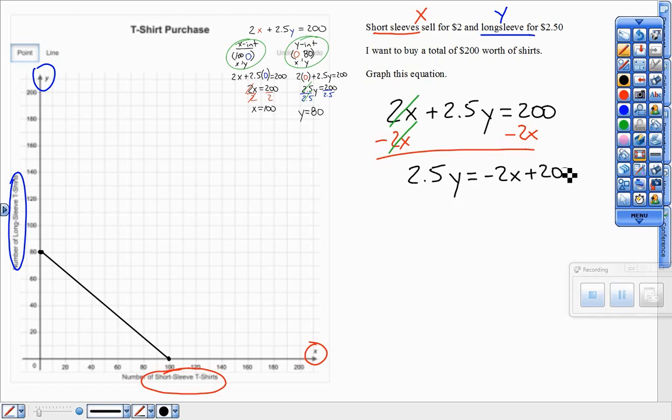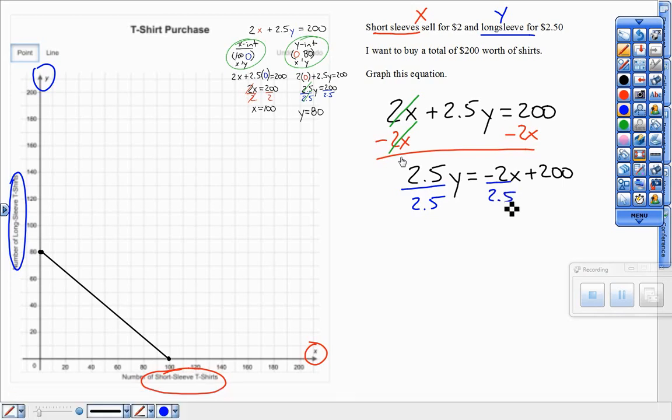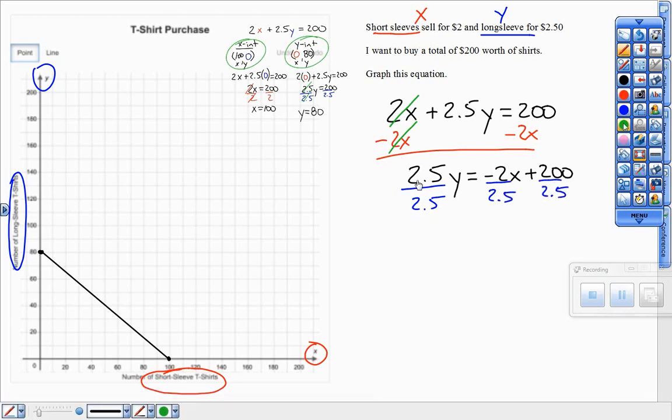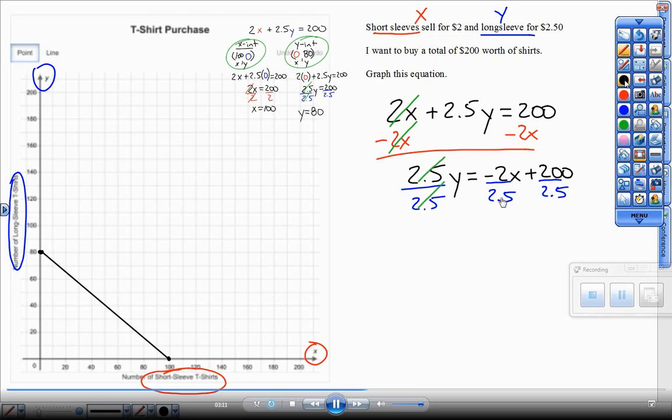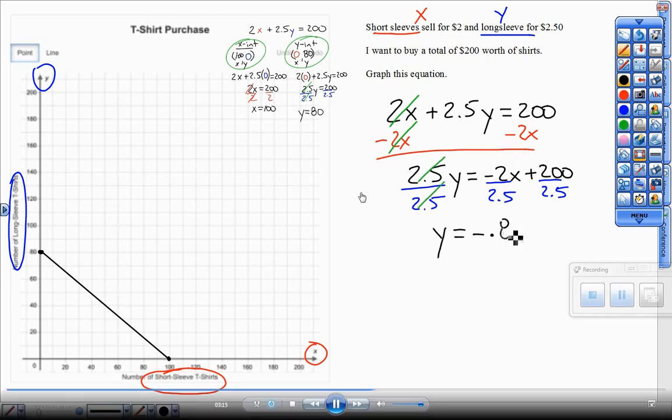Going to divide everything by 2.5. And that gives me y equals, and on my calculator, negative 2 divided by 2.5 gives me negative 0.8x plus 80. 200 divided by 2.5 is 80.